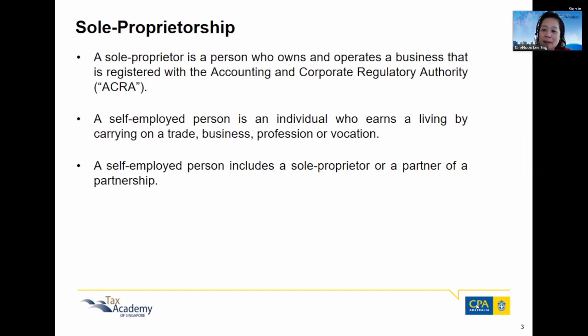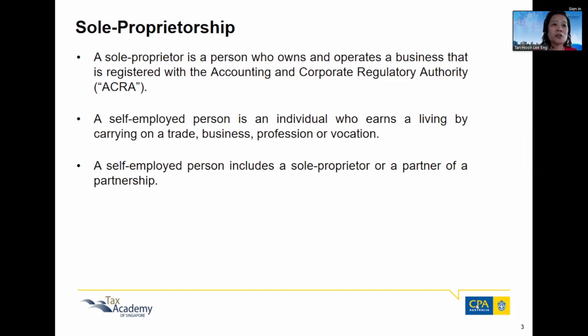So a self-employed person is one who carries on trade, business, profession, or vocation, he is not an employee. In the earlier module, Serene already explained how we differentiate employees from self-employed persons. So this section we are talking about is the self-employed person.